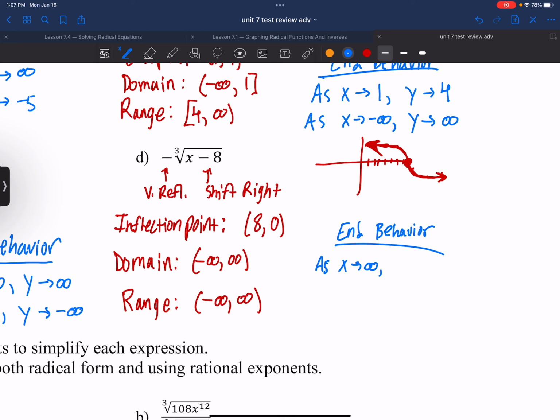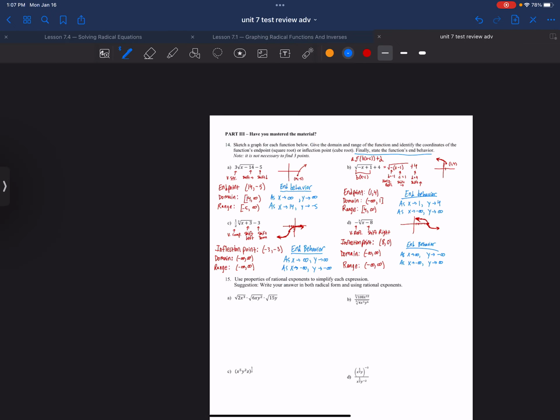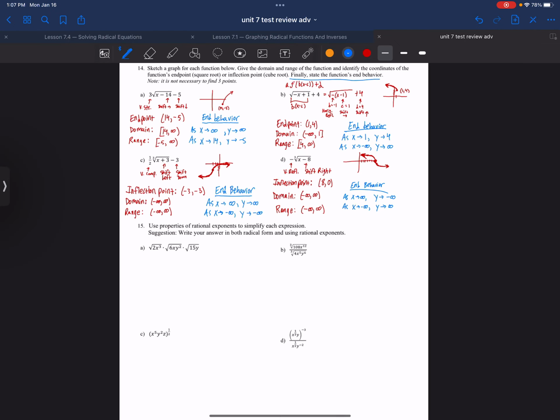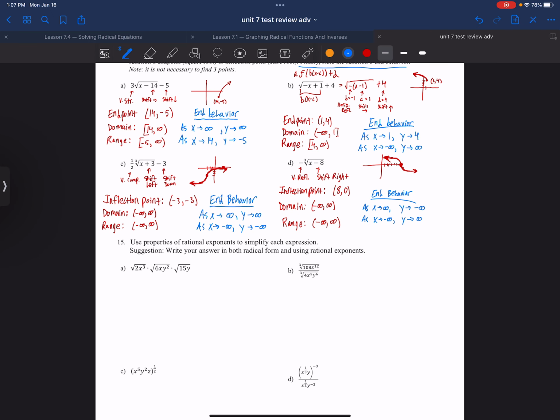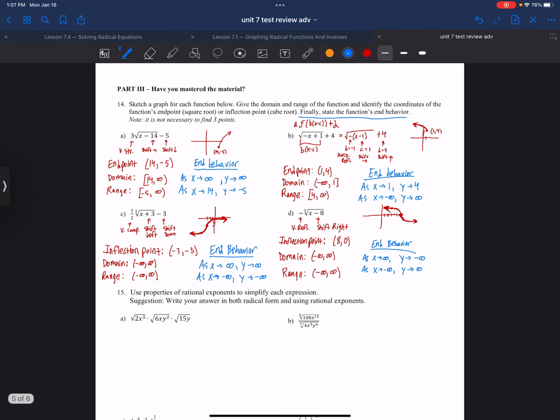So as x approaches positive infinity, y approaches negative infinity. And as x approaches negative infinity, y goes upwards towards positive infinity. And there you have it. There are 4 graphs nicely sketched, just a quick sketch to get an idea of the function.